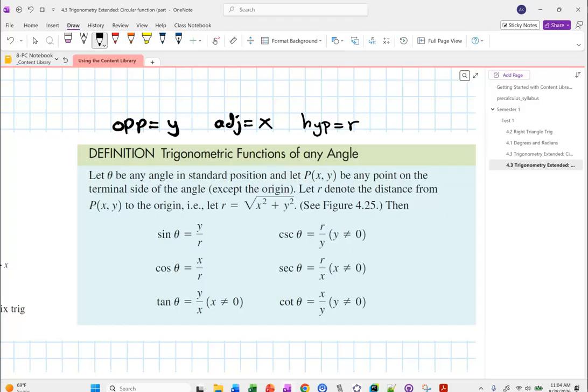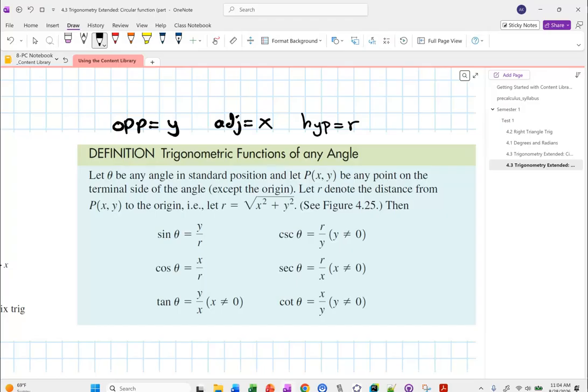So again, the idea here, we started out with sine, cosine, tangent of theta. We're tied to, or limited to, acute angles in a right triangle. We said, okay, well, we need to be able to draw angles that are of any size. We created the standard position way of drawing it. We took that standard position way of drawing our triangle and made some clever observations and found that, hey, if I pick a point on the terminal side of my standard position angle, the x coordinate acts the same thing as adjacent.